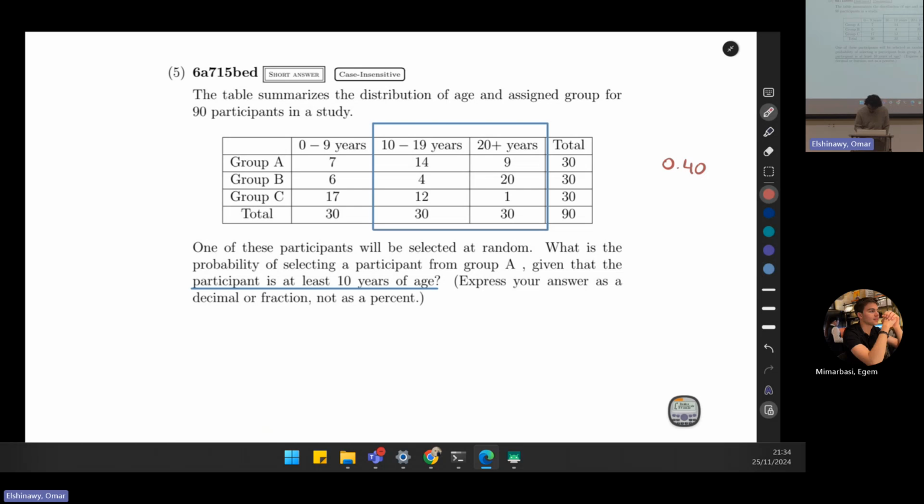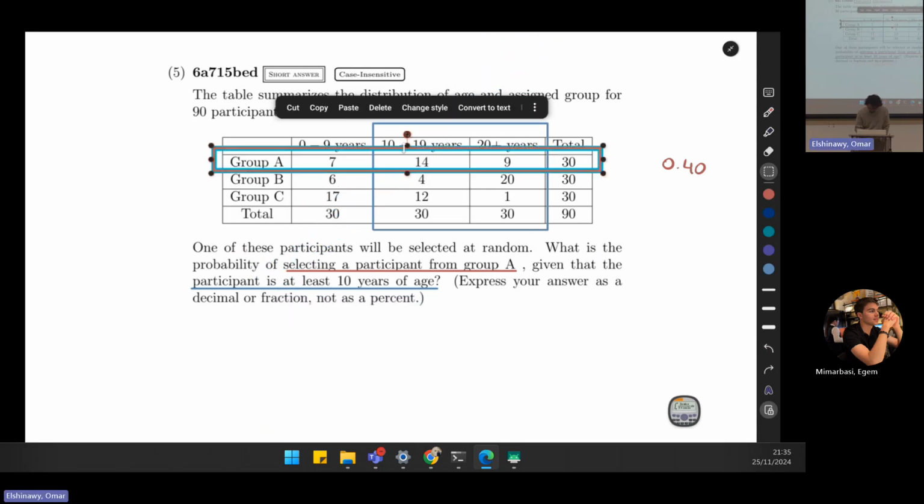Now, what is it that we're looking at? We're looking to find the probability of selecting a participant from group A. These are all the participants from group A, but we only look at the intersection of these two boxes. We're only interested in what is inside these two boxes.